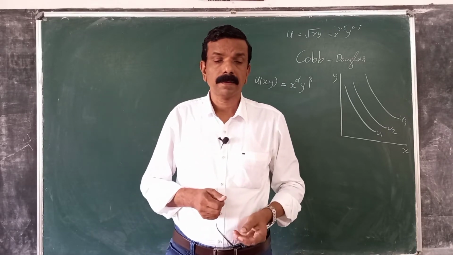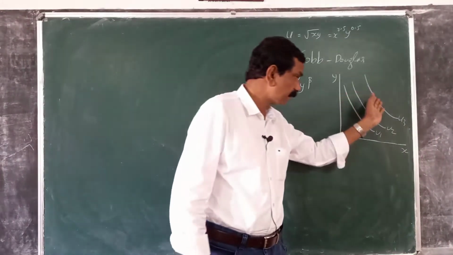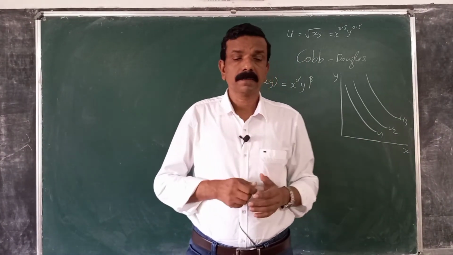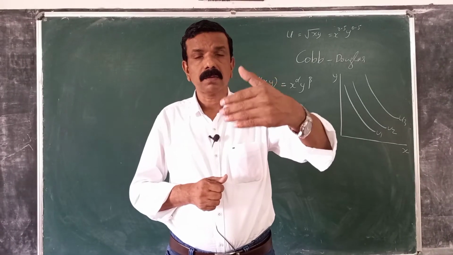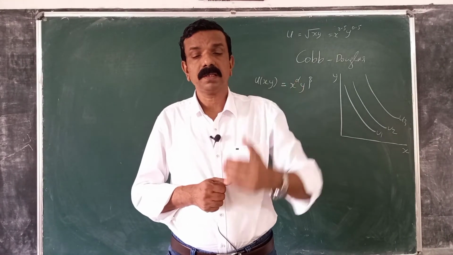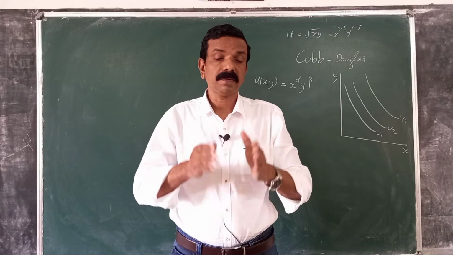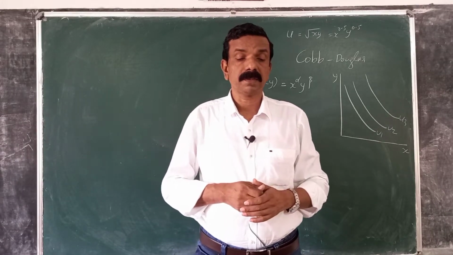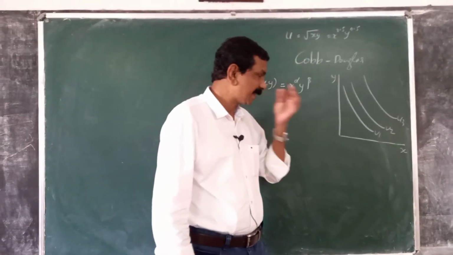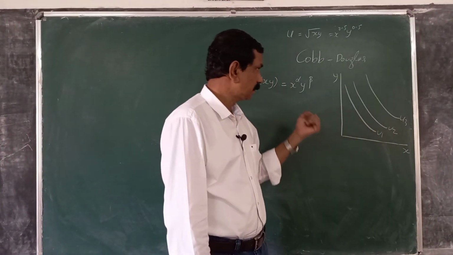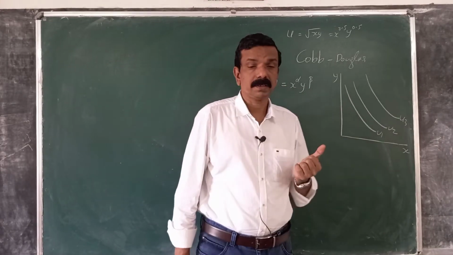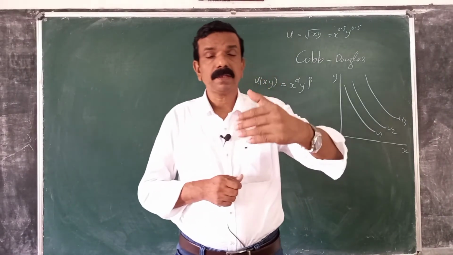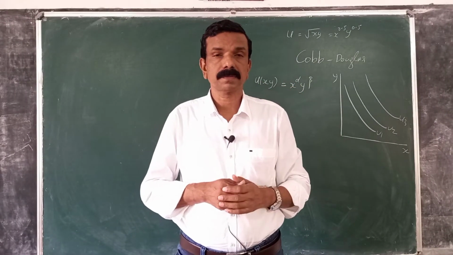And the Cobb Douglas indifference curves look just like the nice convex monotonic indifference curves that we refer to as well-behaved indifference curves. That is, the indifference curves generated by Cobb Douglas utility function are well-behaved, satisfying all the four axioms.